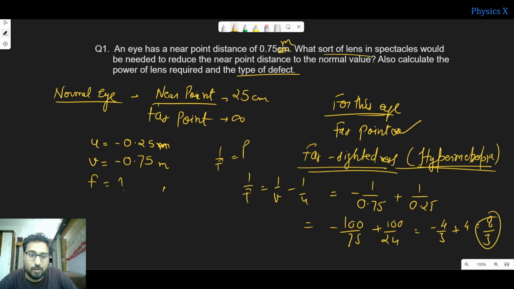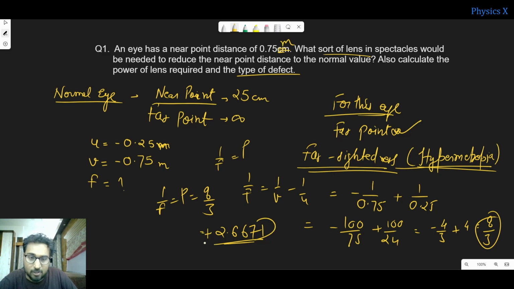So 1 by F, or power, is 8 by 3. We have calculated in meters, so this is 2.667 diopters. That is the power.